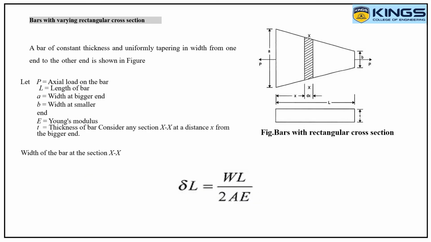And then bars with varying rectangular cross section. The previous slide was a circular section, since a diameter is there. For rectangular cross section, del L is equal to WL by 2AE. Here W is nothing but axial load P. So P can be rewritten as W.